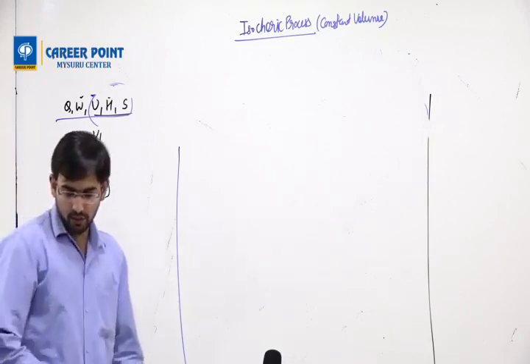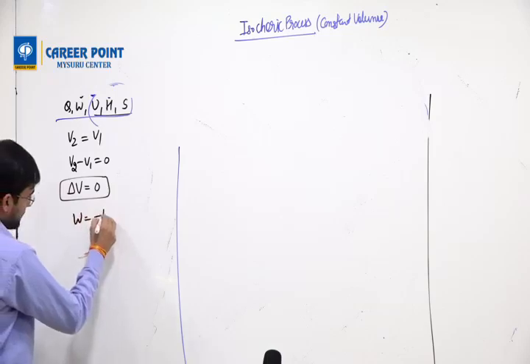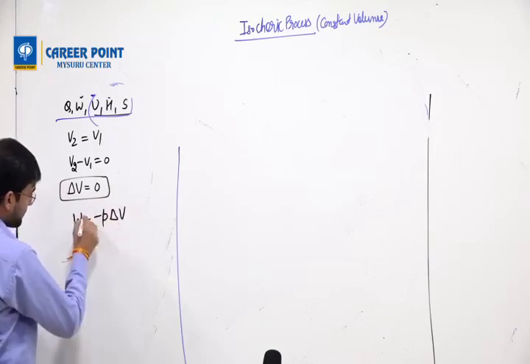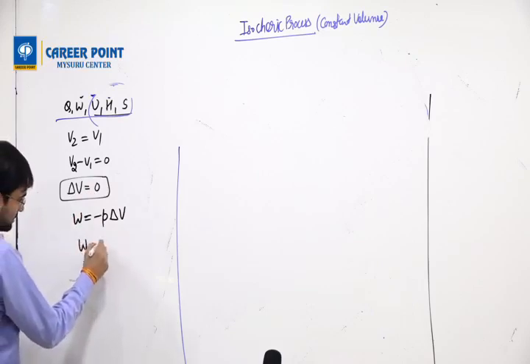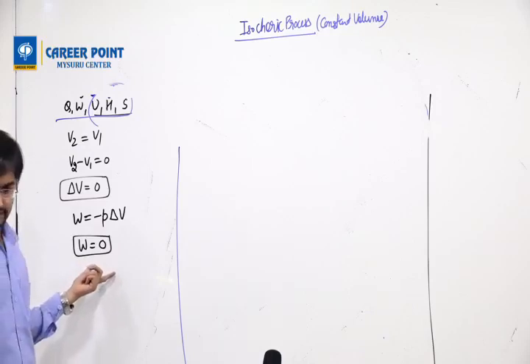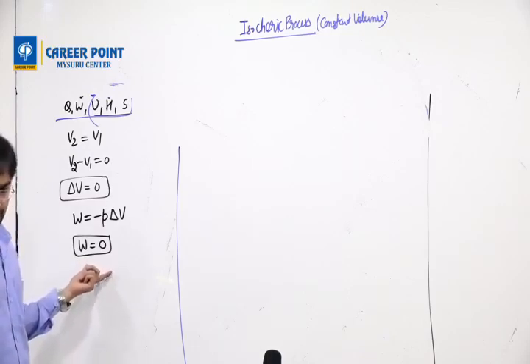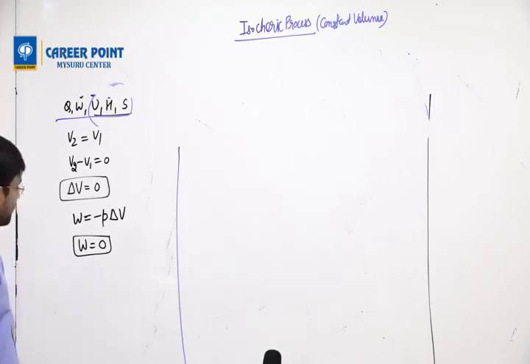Right, W is there, the W formula is there. So W equals minus P delta V, and delta V is 0. So W is 0. Easy. This is easy, right? Okay, W is 0.